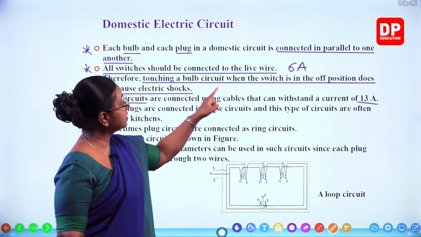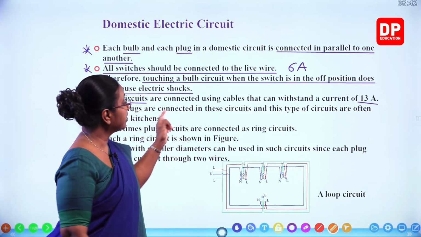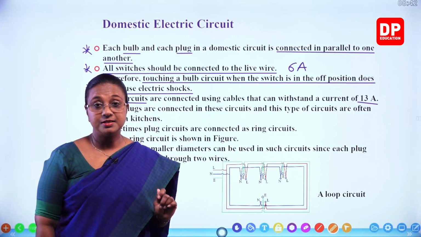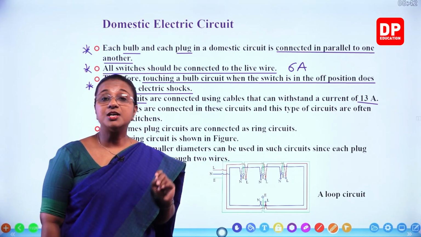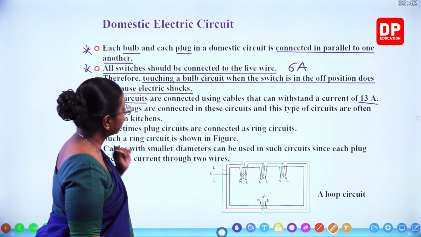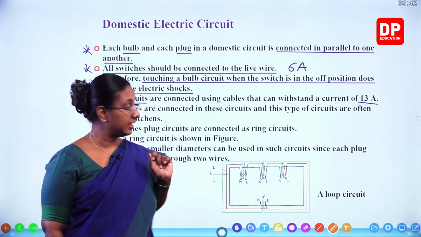So light circuits or lamp circuits draw a maximum current of 6 amperes, whereas plug circuits draw a maximum current of 13 amperes. And accordingly, there should be MCBs connected.